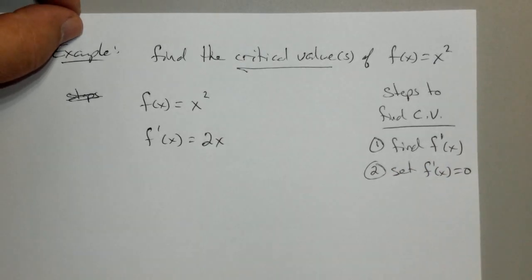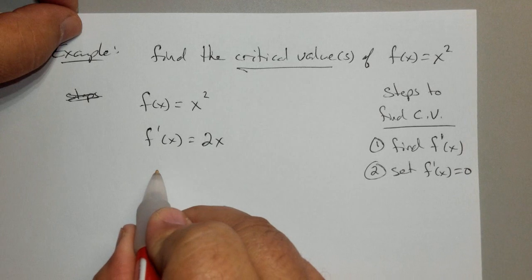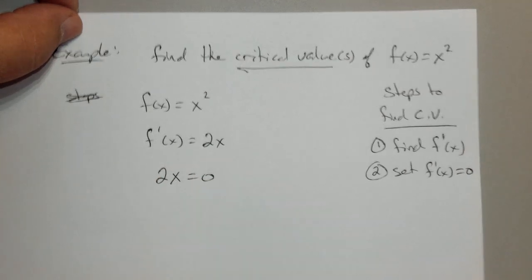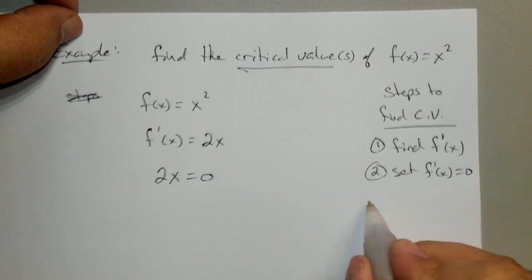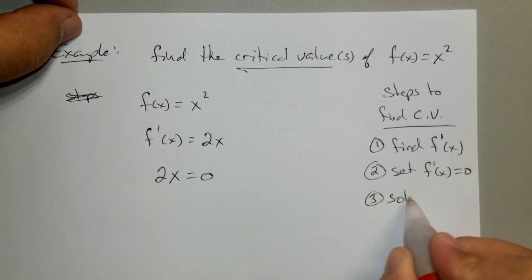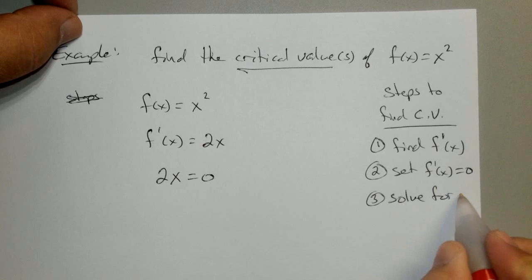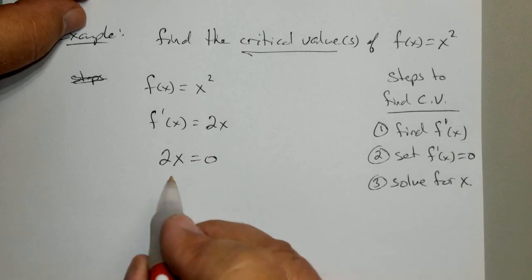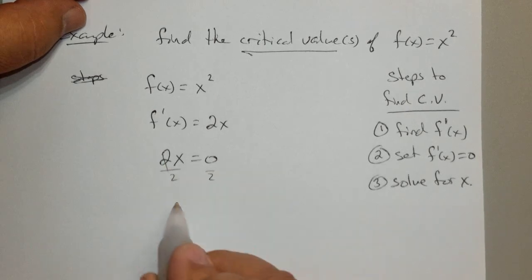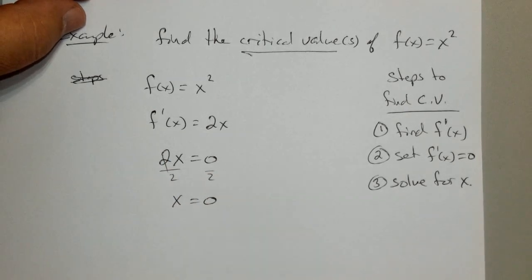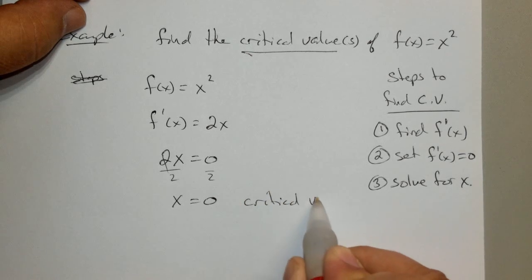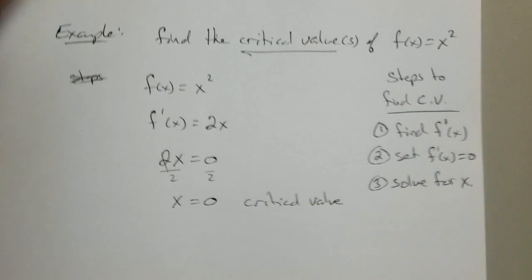Set your first derivative equal to 0. So it's 2x equals 0. 3. Solve for x. That's our critical value.